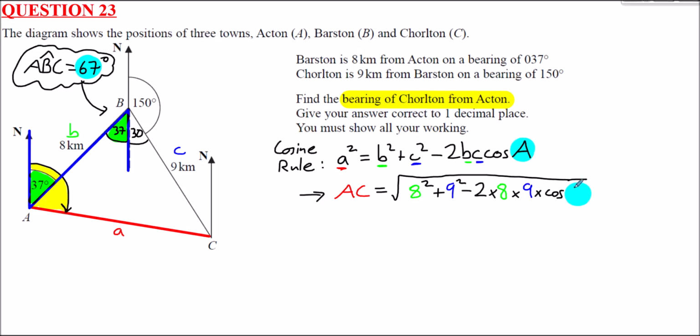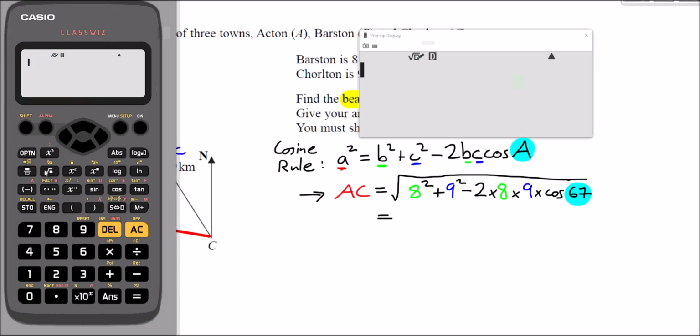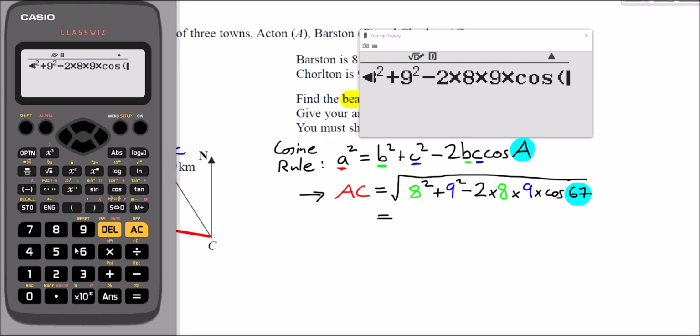So we can now plug this into our calculator and get an answer for what the side AC is going to be. So AC is the square root of 8 squared plus 9 squared minus 2 multiplied by 8 multiplied by 9 multiplied by cos 67.